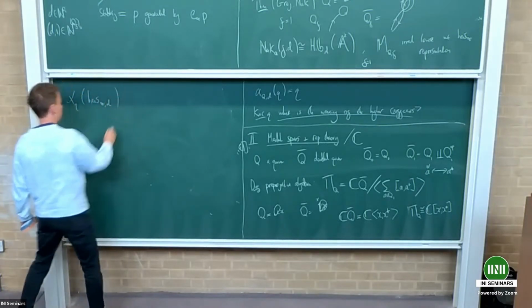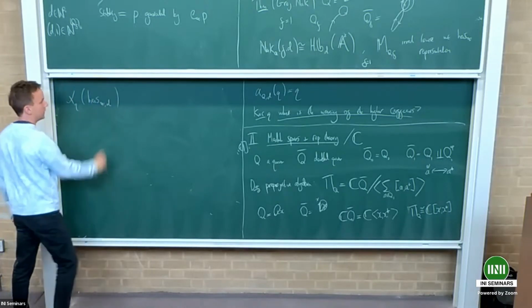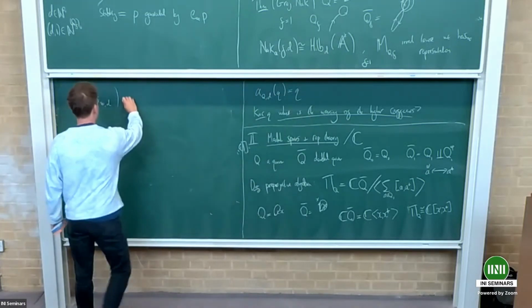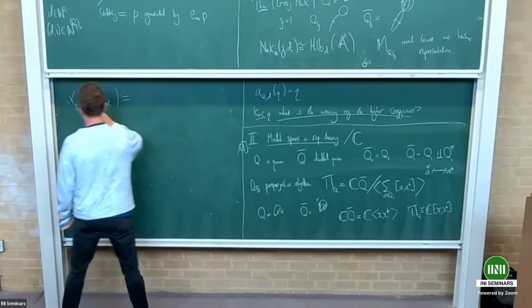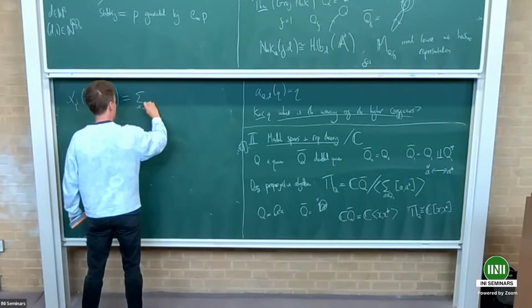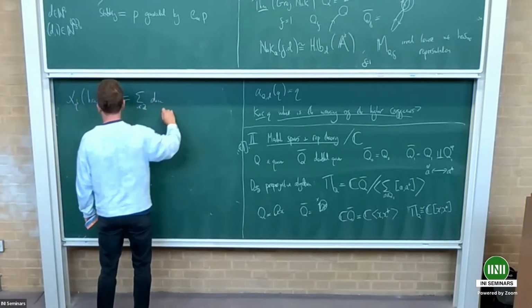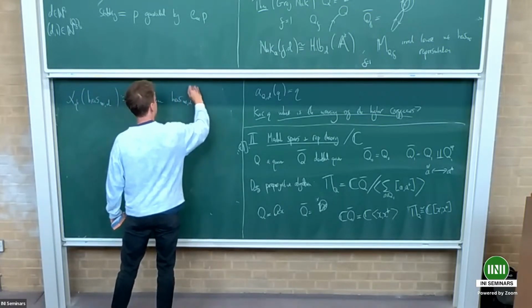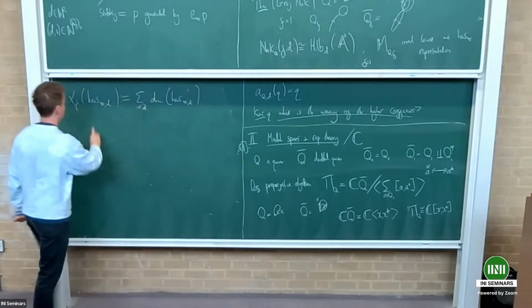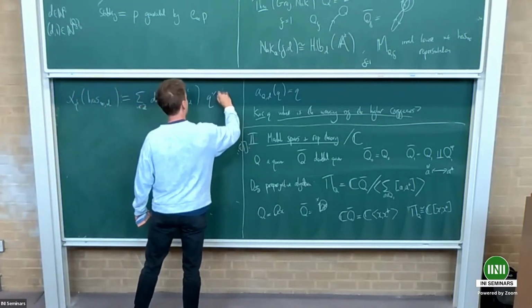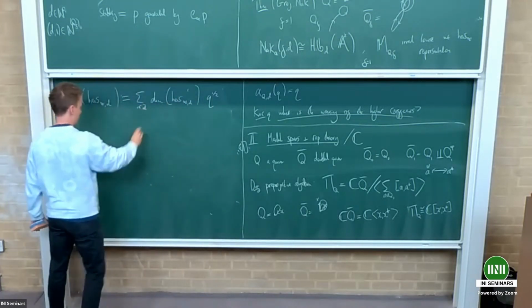In particular, I can take the characteristic function of the dth graded piece, where D is this D. So this, by definition, is the sum over all integers of the dimension of the ith cohomologically graded piece of whatever this thing is, Q to the I over 2. So this is just the definition.